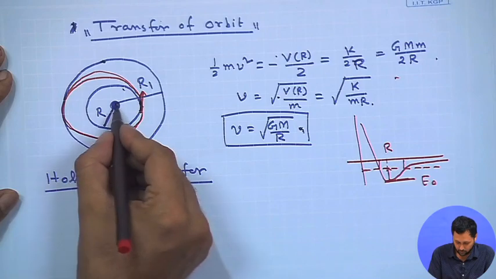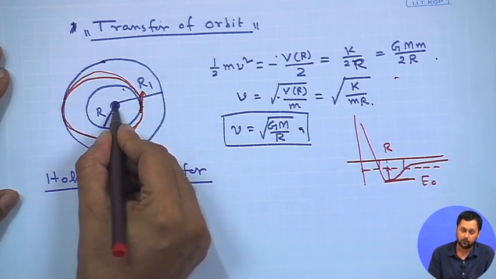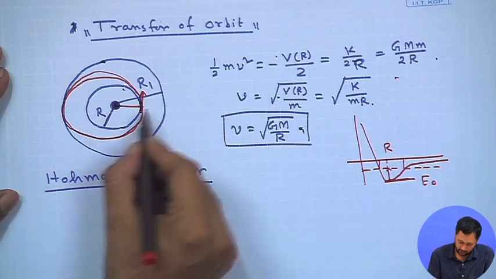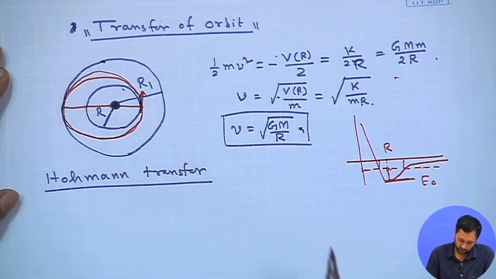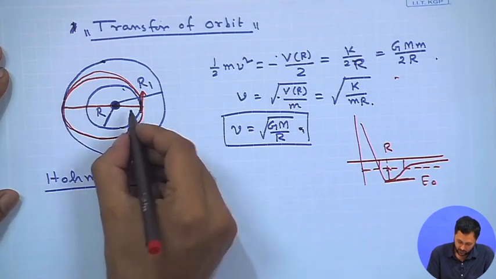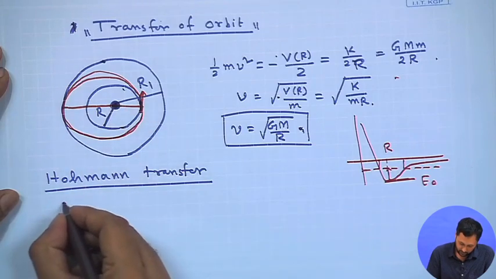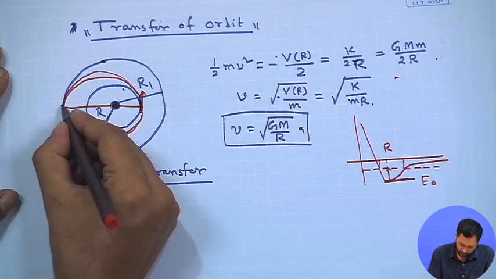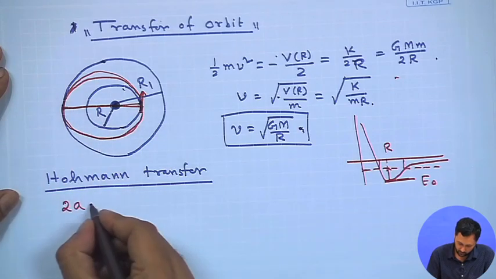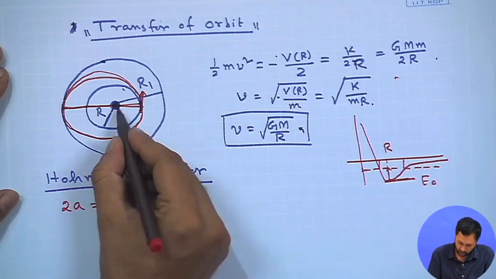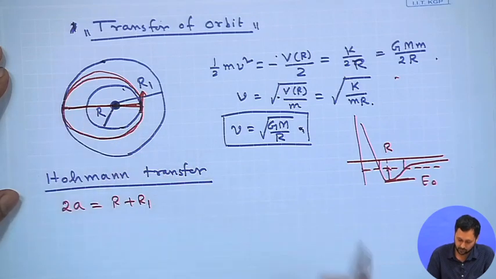So, this is the force center as we know. This is my perigee distance and this is my apogee distance. So, we see that the relation is 2a, which is here to here, is equal to r plus r1. This is r, this is r1, right.